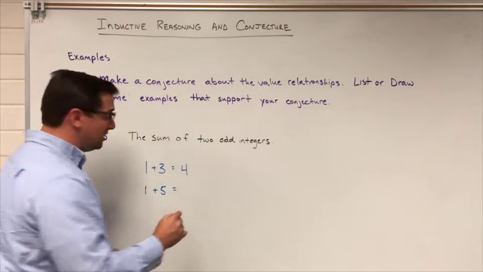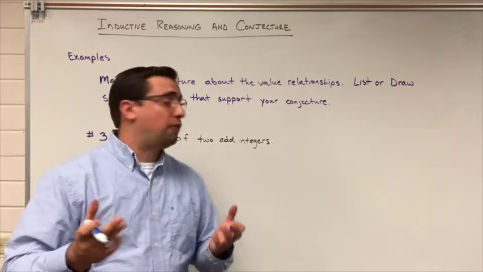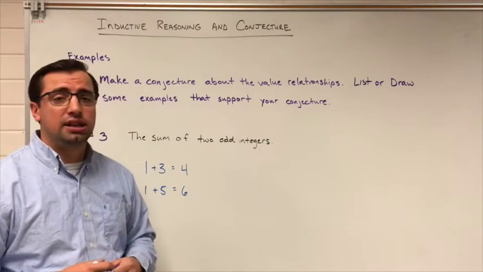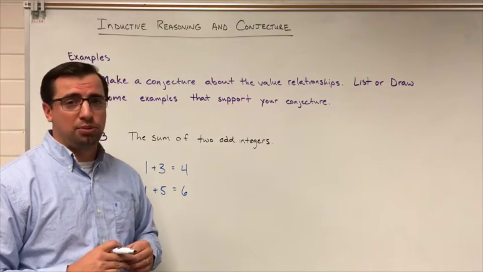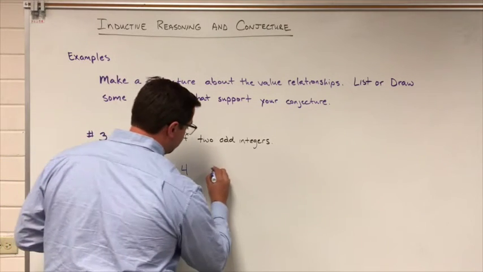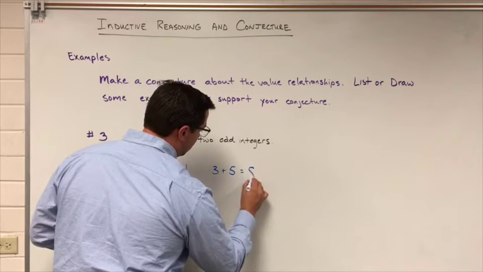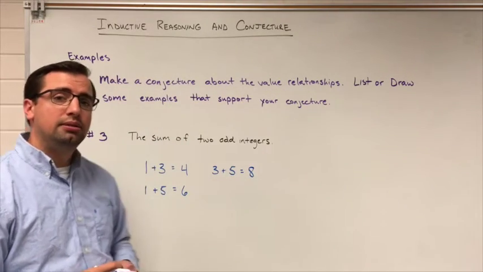And the answer to that is 6. So far, I've got 4 and 6. Let's get a couple more examples though. I'm going to take the numbers 3 and 5, add them together, and I get 8.